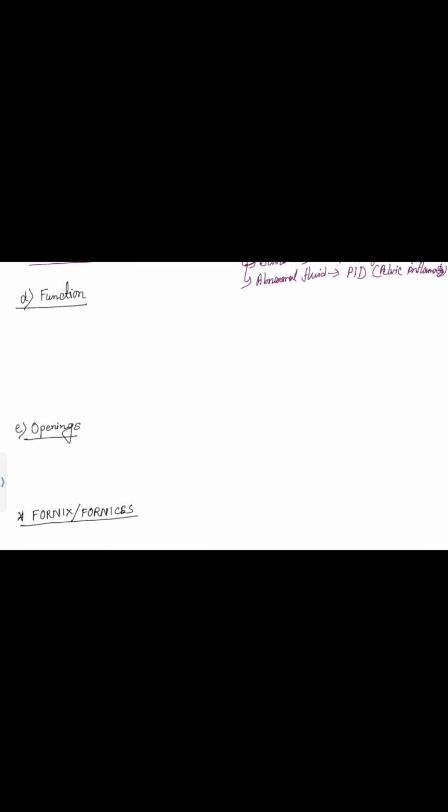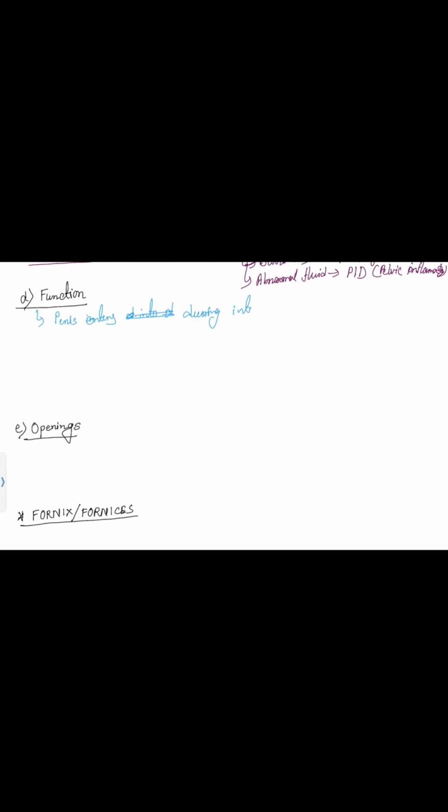Now coming to the functions. What are the functions of the vagina? The vagina is like a pathway through which the penis enters into the internal organs during intercourse, okay.